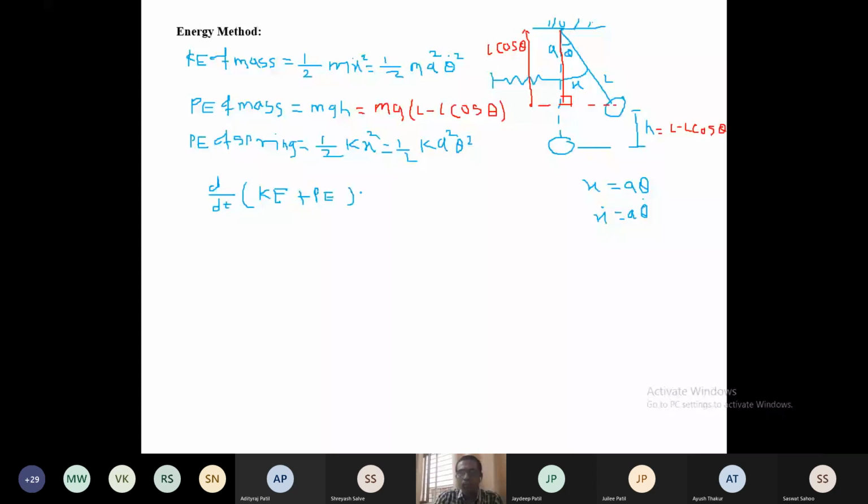Now you have to put this value here, d upon dt, bracket kinetic energy is equal to 1/2 m a square theta dot square, plus next is your mg. I'll directly write here, multiplying by this mg to the bracket, mgl minus mgl cos theta.